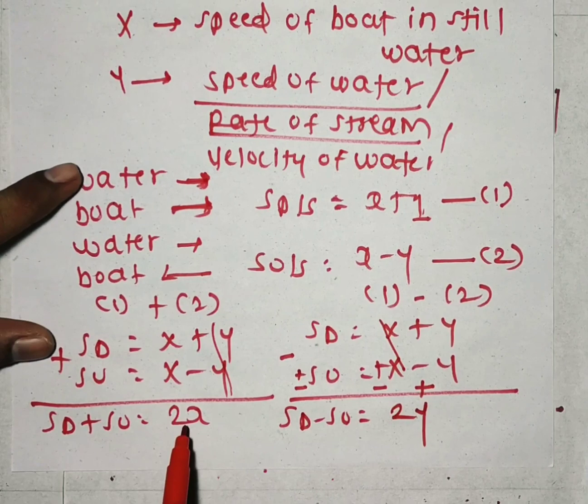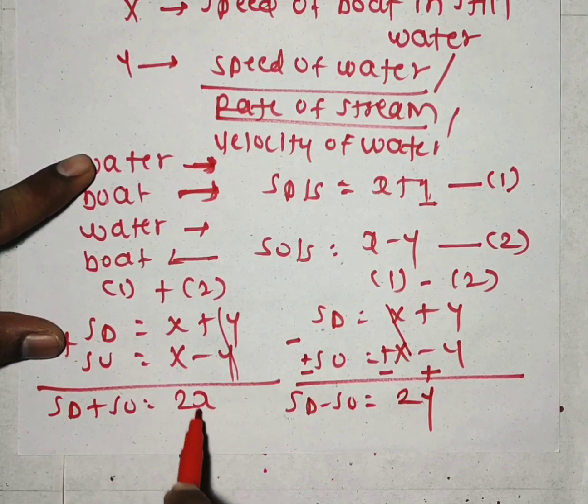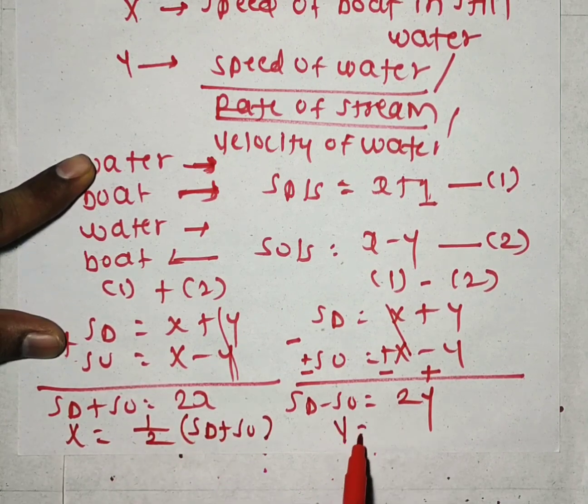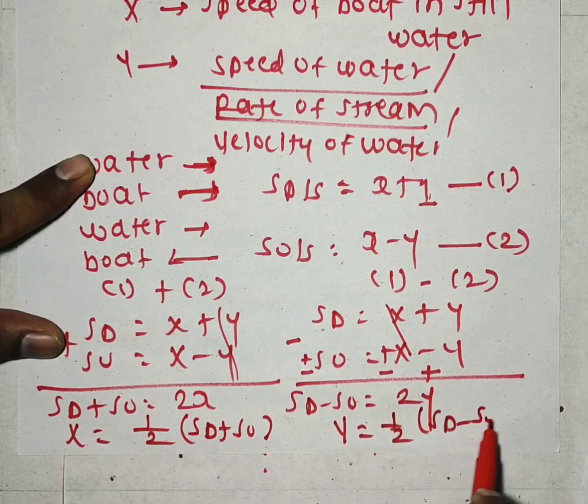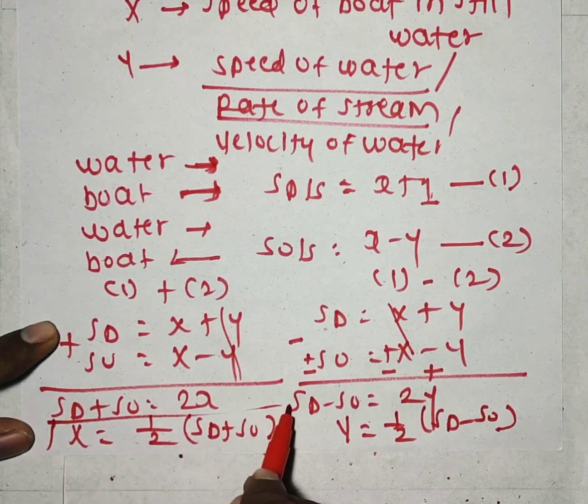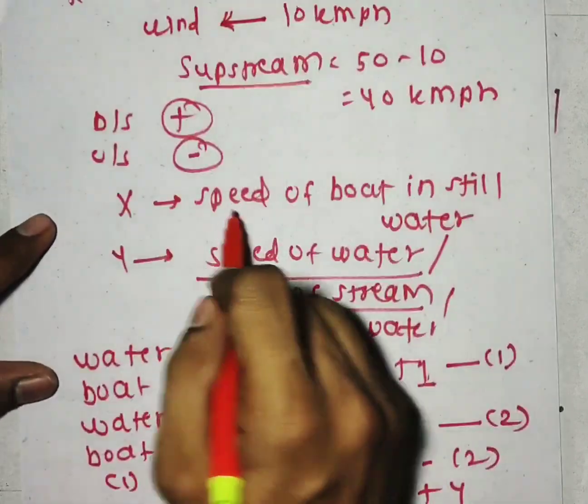So from this I can write x is equal to, this 2 will go to the other side, so 1 by 2 of SD plus SU, and y is equal to 1 by 2 of SD minus SU. So we got the values of x and y. This is how the values of x and y come. x means the speed of the boat in still water.